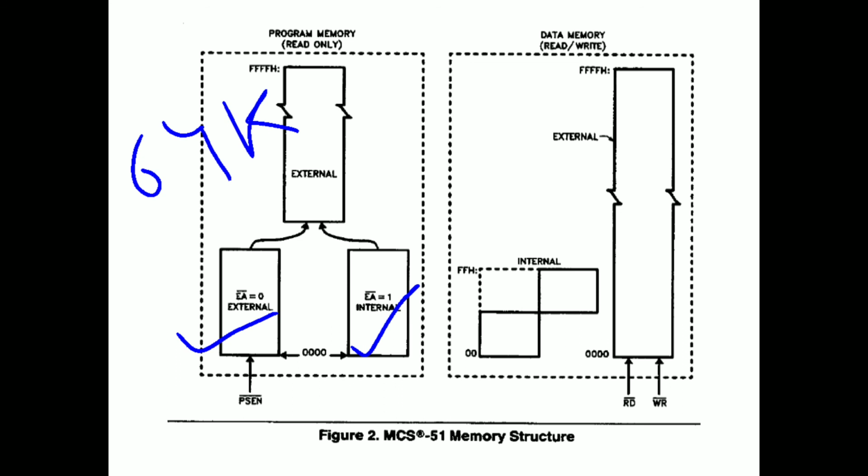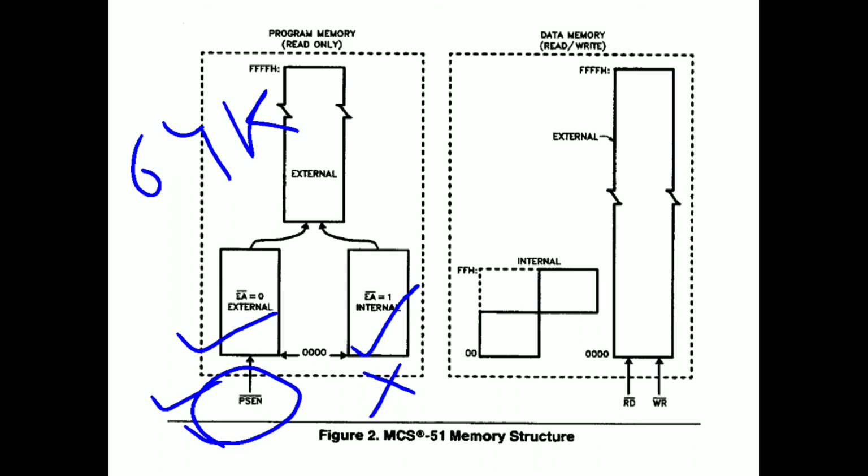So this is your PSEN pin. If external memory is used, then we have to connect the PSEN bar pin also. If internal memory is used, then PSEN is not required. So for program memory or read-only memory, connecting ROM up to 64K, if we are using external memory, then we have to connect the PSEN bar signal also.